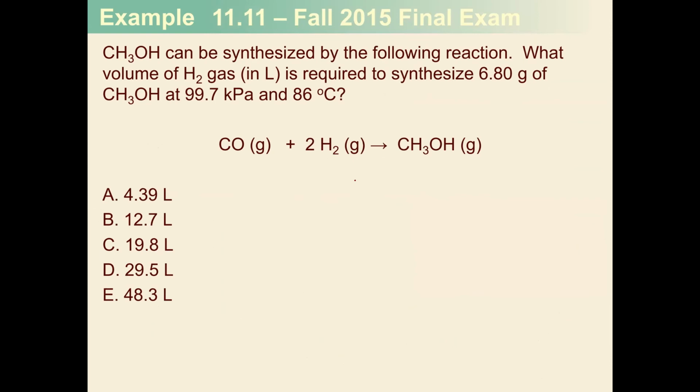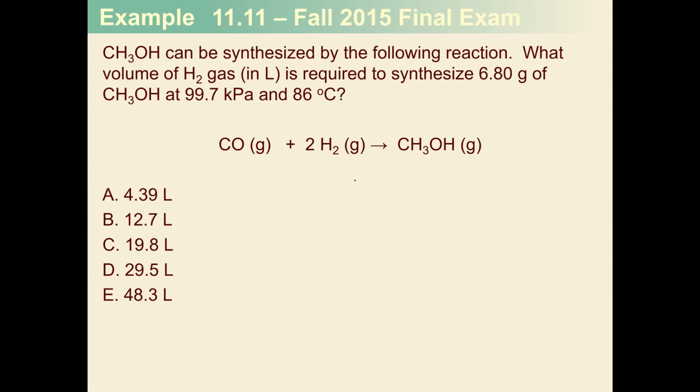Our last example of today is going to be synthesizing methanol. Methanol can be synthesized by the following reaction. What volume of hydrogen gas in liters is required to synthesize 6.80 grams of methanol at 99.7 kilopascals and 86 degrees C?